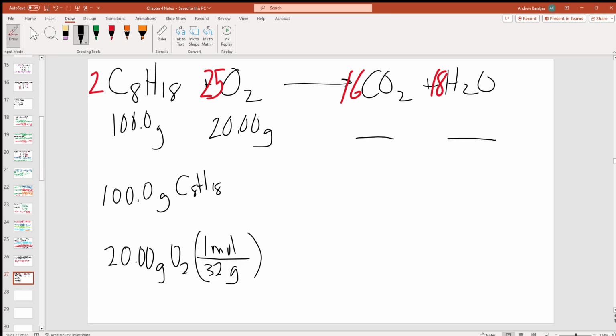So in both cases, we're going to start by using the molar mass. Our second step will be our mole conversion.